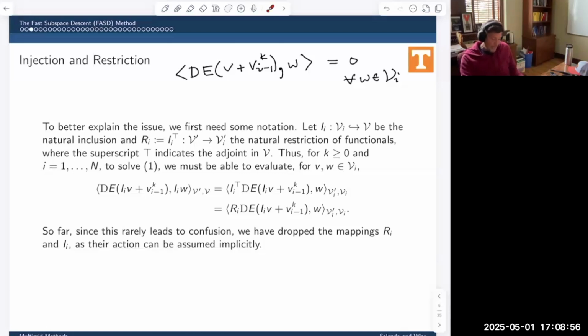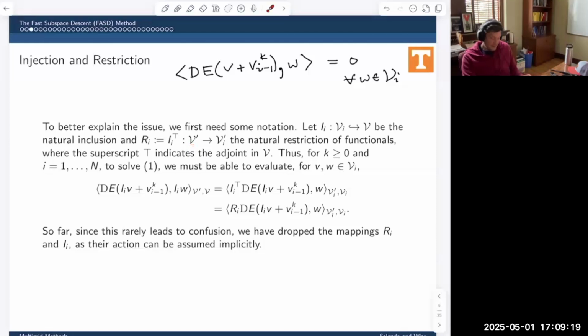Now, the way I'm going to define this operation, this is actually how I'm defining this operation, is I'm just going to move this guy over. When I move it over, I'm going to call it the restriction. Okay, the restriction. So now this guy is something that was in V prime.